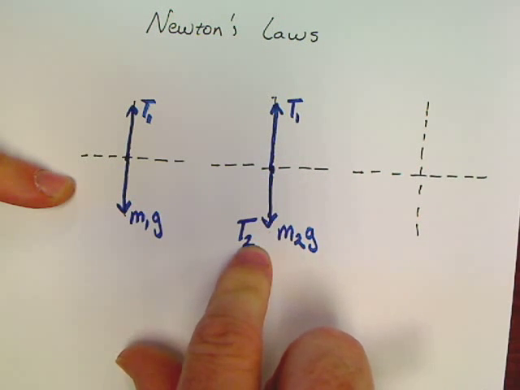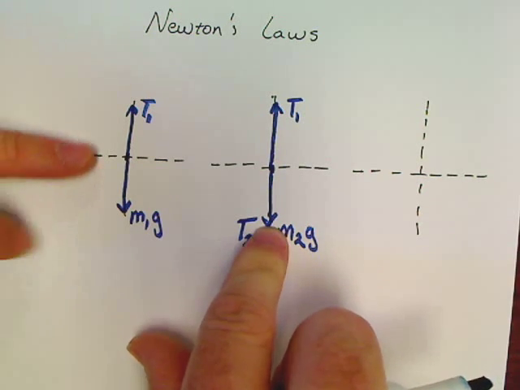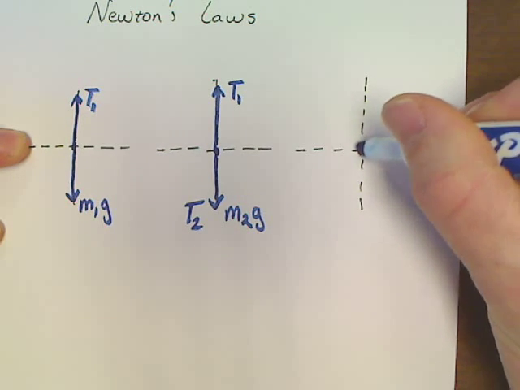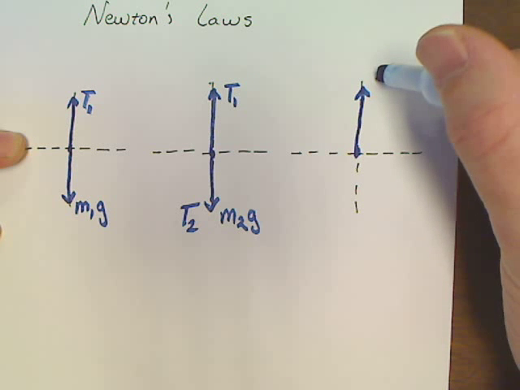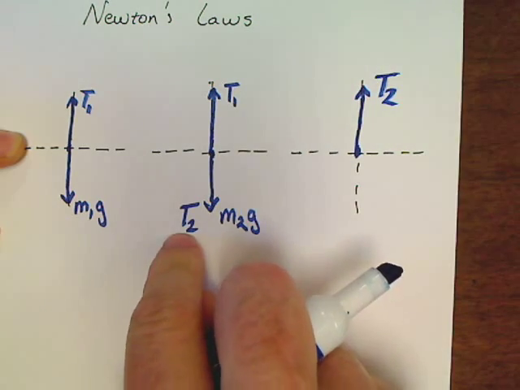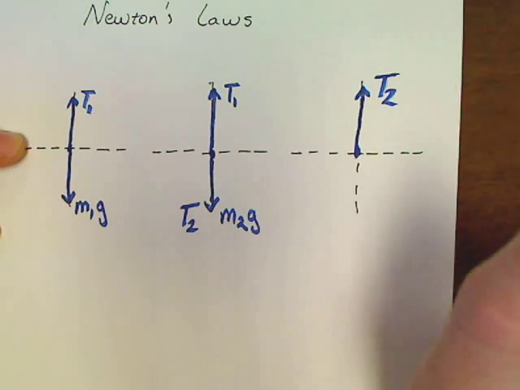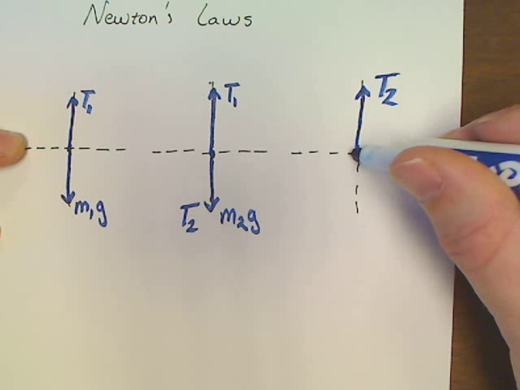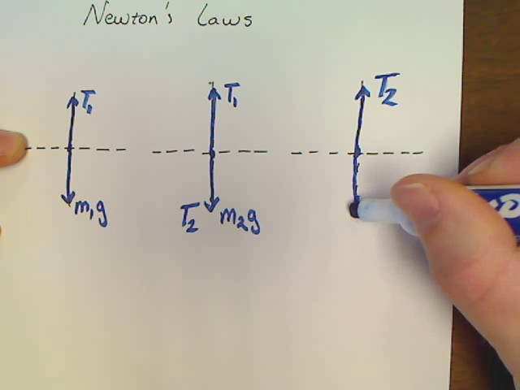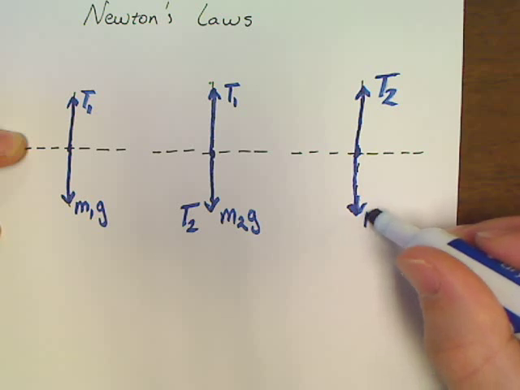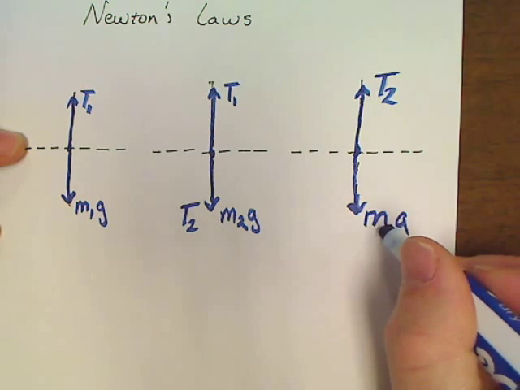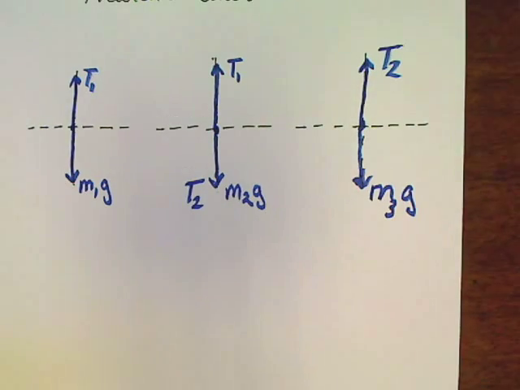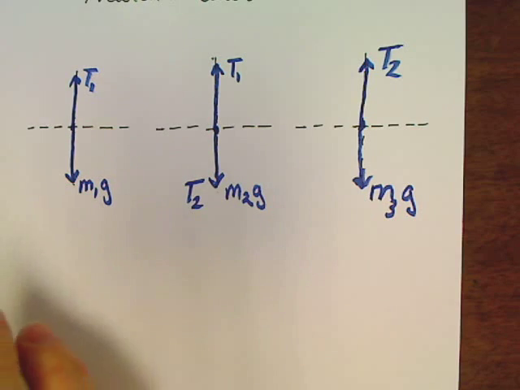Well, the same rope attached to the bottom of this object is the same rope that's attached to the top of the third object. So this same T2 is the same T2 over here. And then on this third object, it's also got, like every object, an MG. But since this is our third object, it will be M3G. And at this point, we've got everything we need to start working this problem.